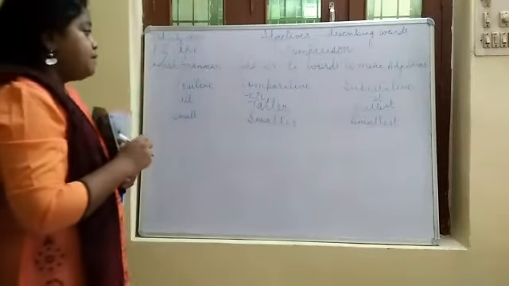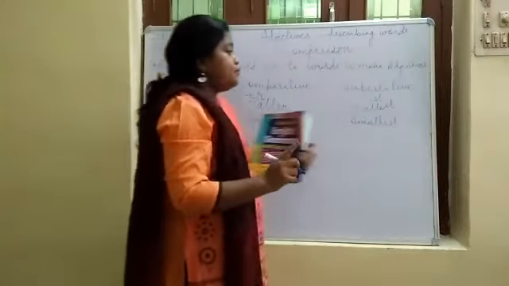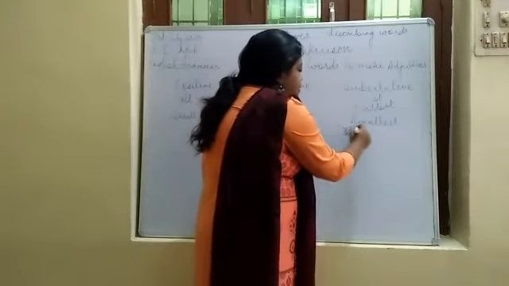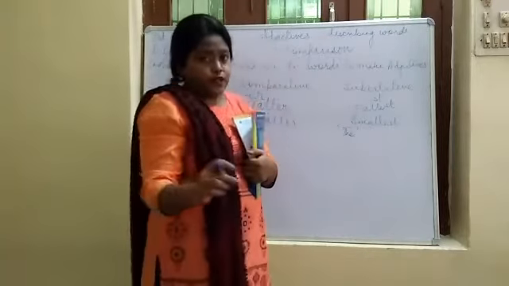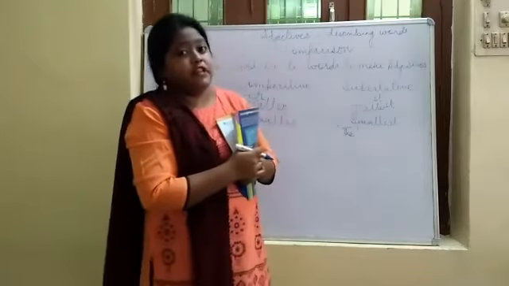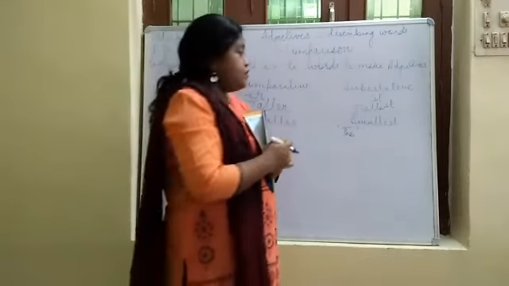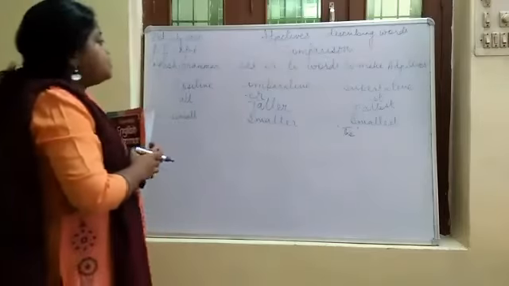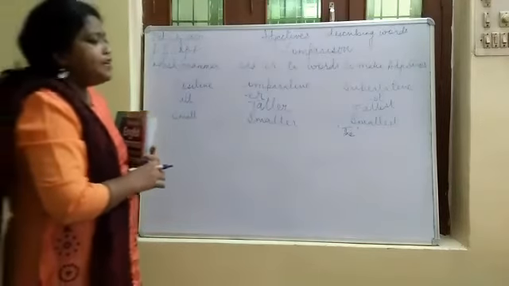One more thing we have to remember: whenever you're writing a superlative degree, you have to add the word the. The is used with the superlative degree whenever there is a sentence. So this is the basic thing we need to know. I'll give more examples.